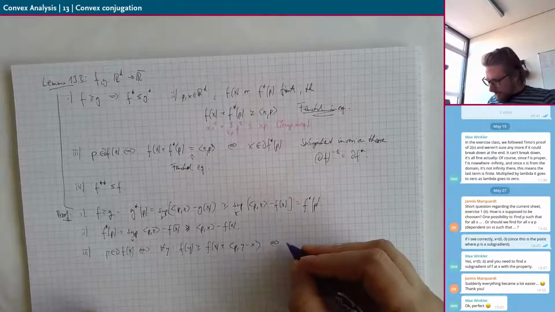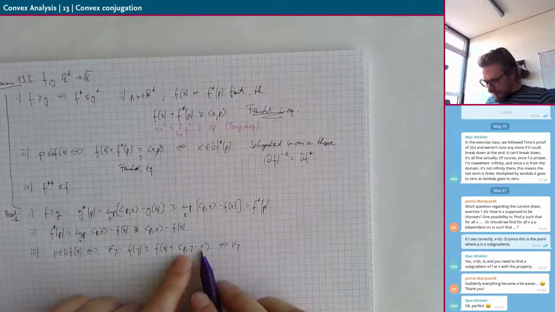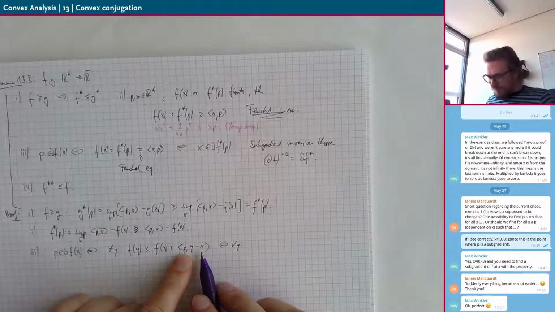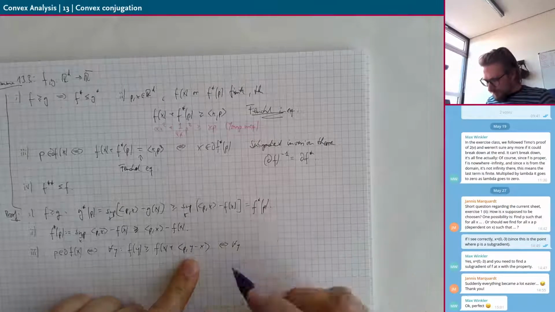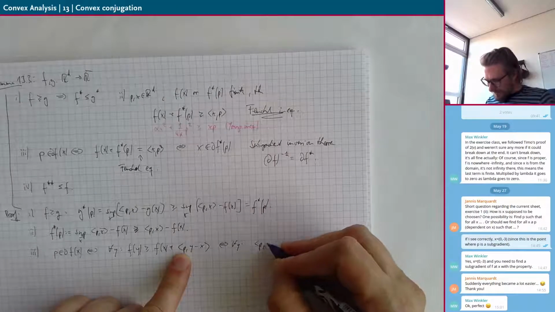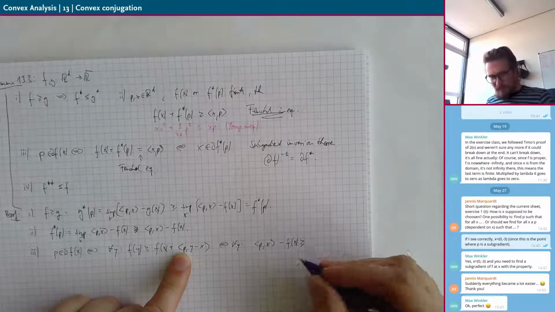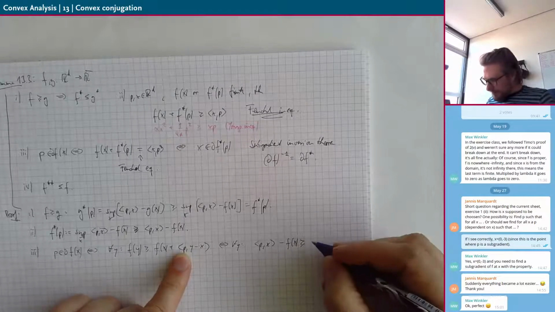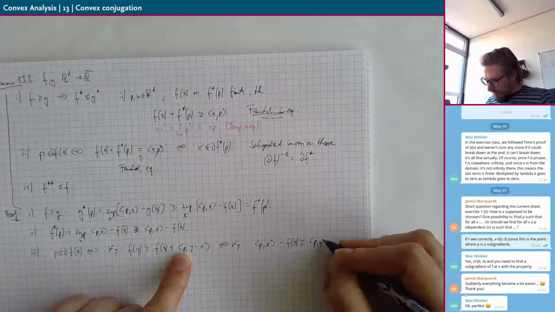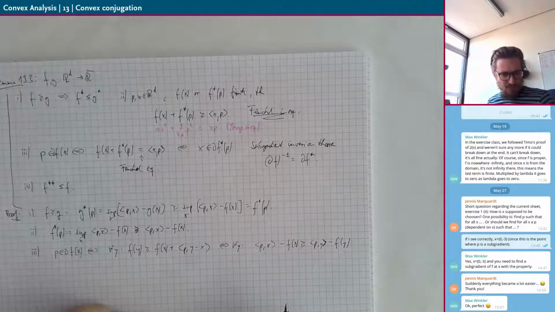We rearrange that a little bit: we bring basically everything to the other side, except for p times y. So we bring negative p times x to the other side, it's p times x, and we subtract f of x. Then this is the larger part on the left-hand side, and on the right-hand side we have p times y, and we subtract f of y. Okay.